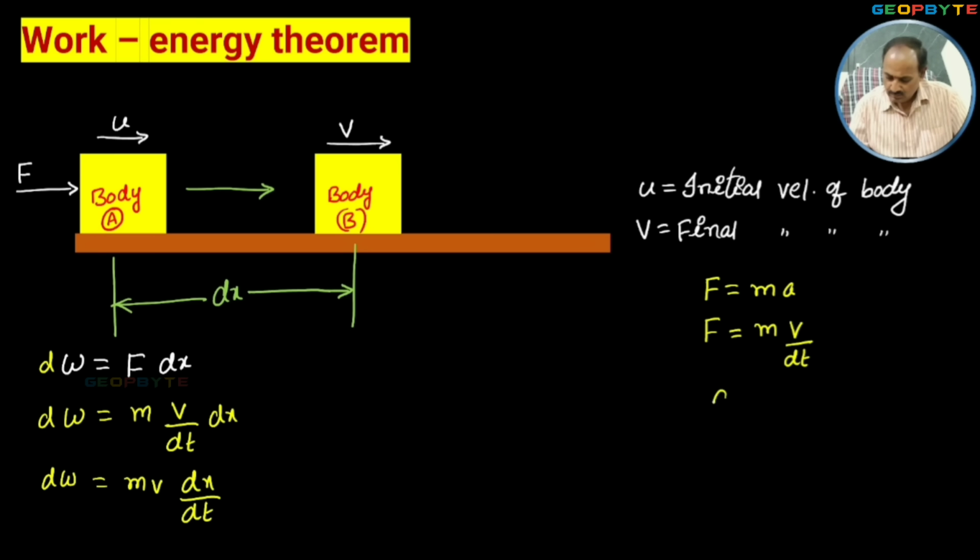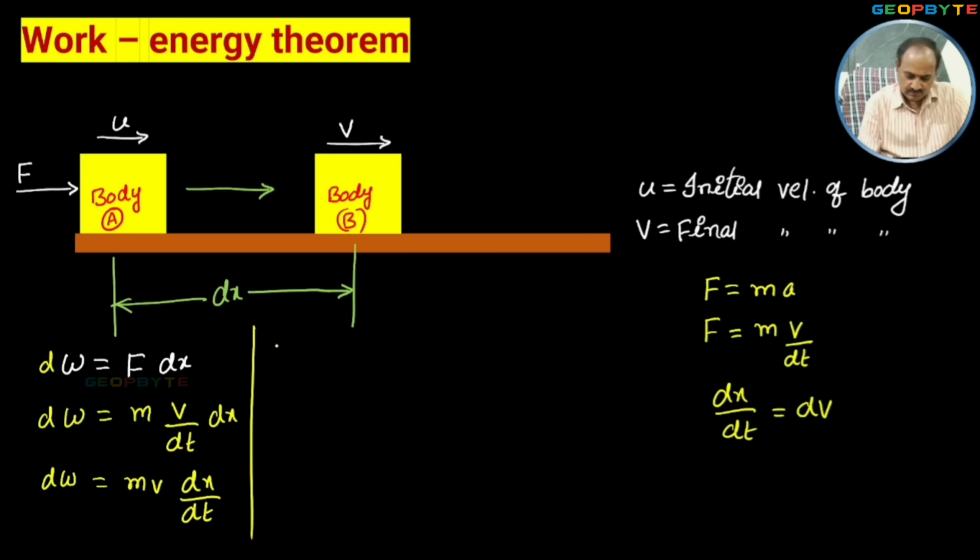As you know, dx by dt is v, so the small displacement work equals m into v into dv. Now the work depends on the speed v. This is the small displacement work with a small change in speed dv.